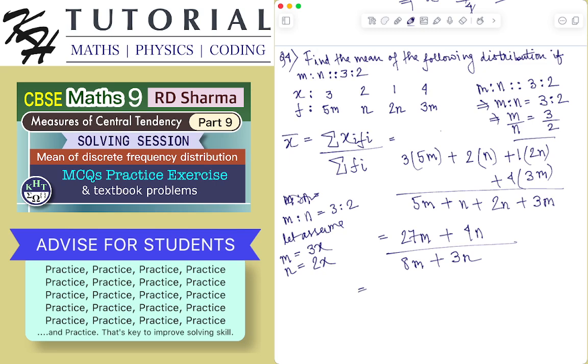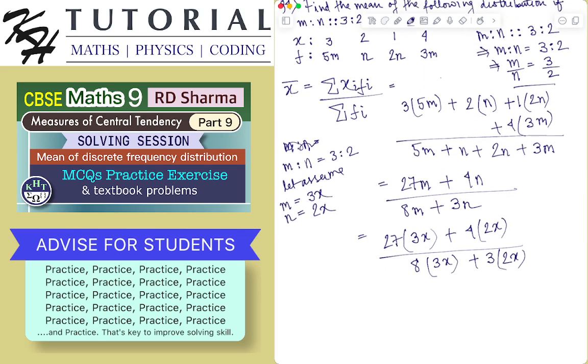Okay, so now the mean becomes 27 multiplied by m, which is 3x, plus 4 into n, which is 2x, divided by 8m, m is 3x, plus 3 into n, which is 2x. As you can see, x will cancel out from both the numerator and the denominator.